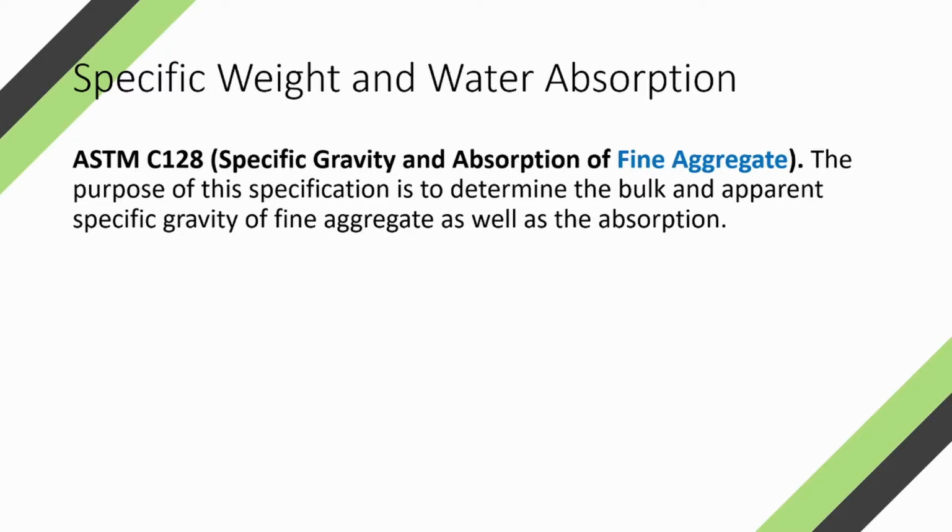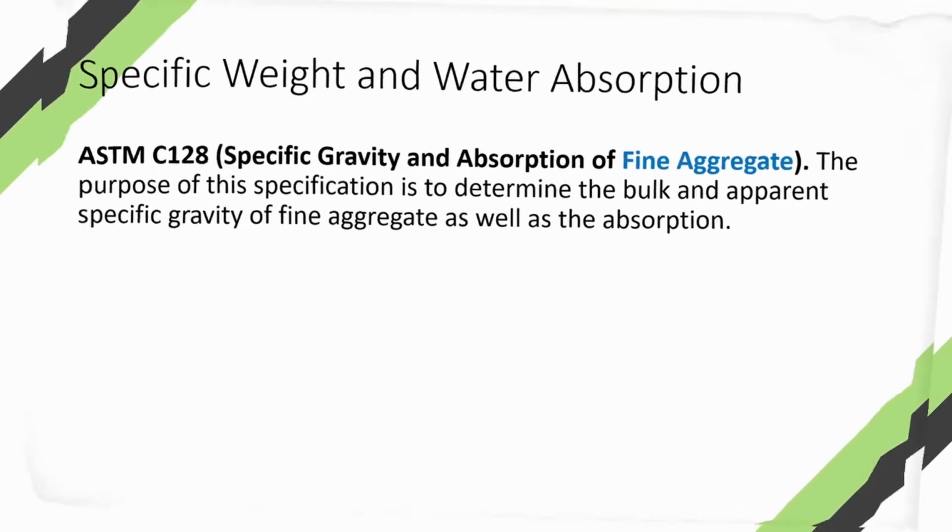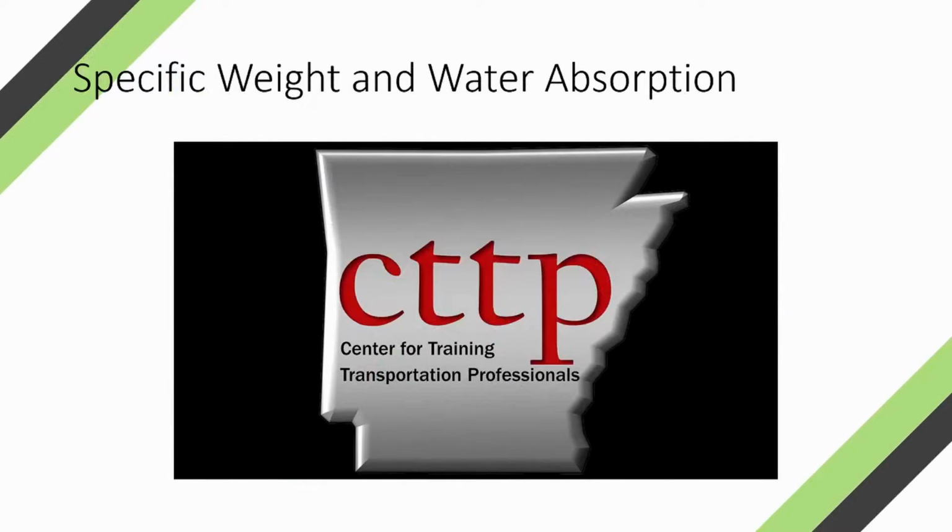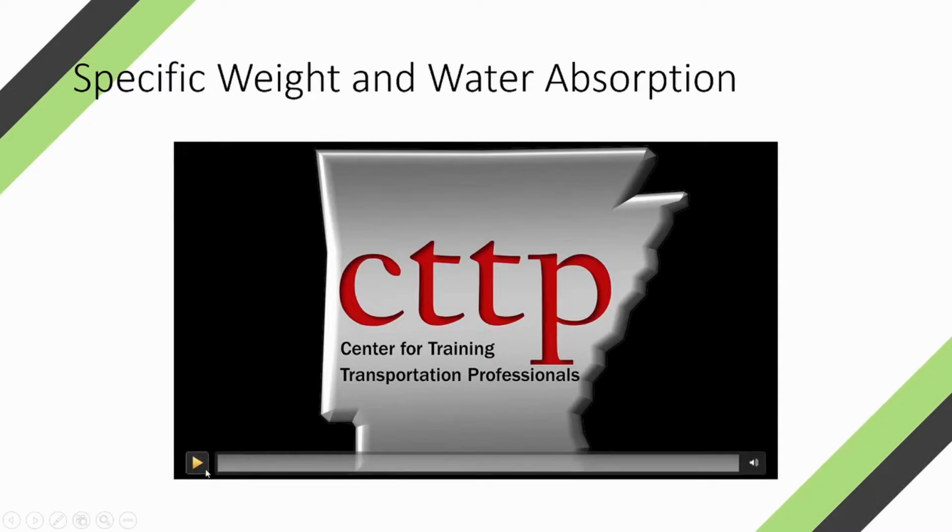So let us watch the video for the test for the specific weight and water absorption of fine aggregates. Magkaiba yung test for coarse and fine aggregates. Hindi sila magkapareho. Kasi kapag nilagay mo sa wire mesh basket yung fine aggregates natin, lalabas lang siya doon. So matatapon. So iba yung test natin for fine aggregates. So let's watch the video.